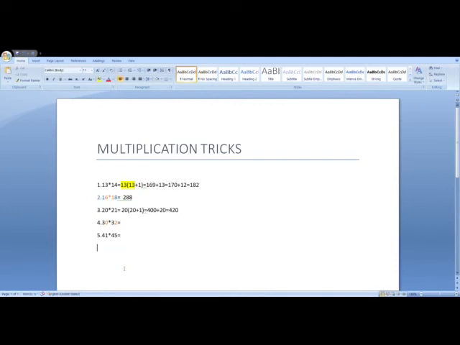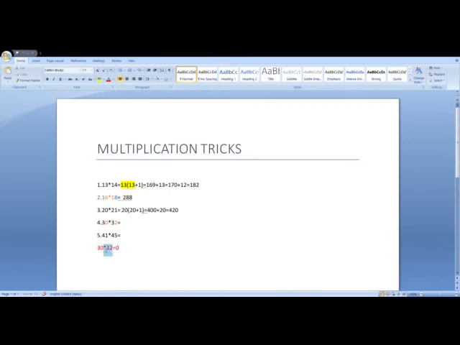Whatever I did for the second one, 16 into 18, the same Vedic math trick we are using for 30 into 32. What do we get? 2 into 0 is 0, there is no carry.